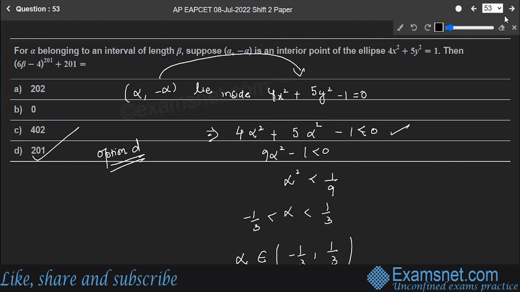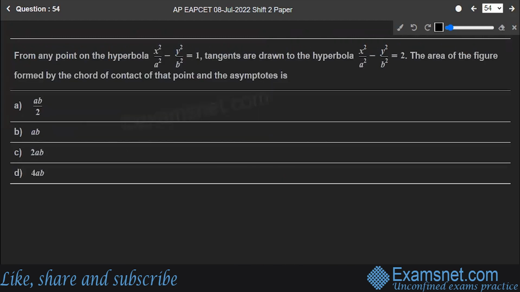Let's move towards the next question, number 54. It says from any point on this hyperbola, tangents are drawn to this hyperbola. So the area of the figure formed by the chord of contact at that point and its asymptotes is. First of all, you need to be clear with the figure for the problem. Let's make the figure. So here are your x and y axes.